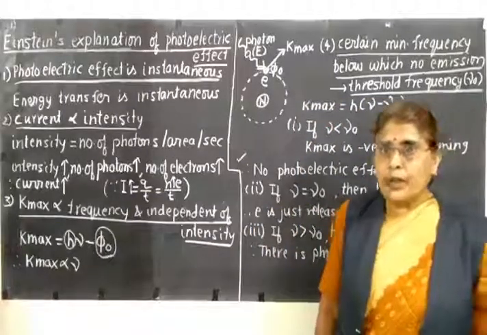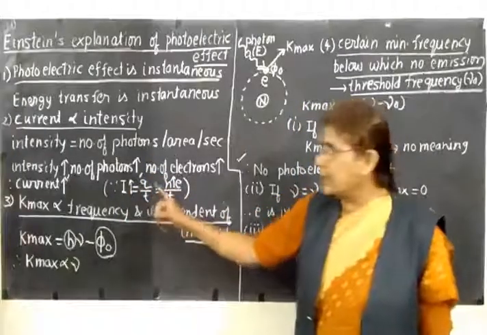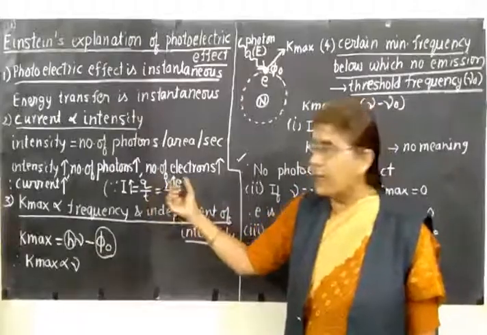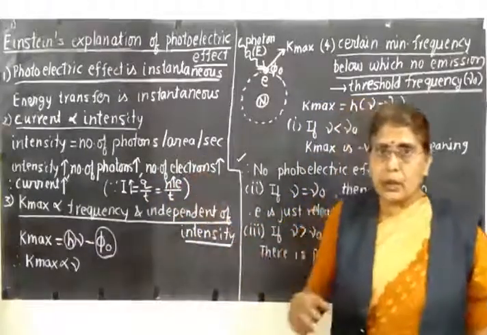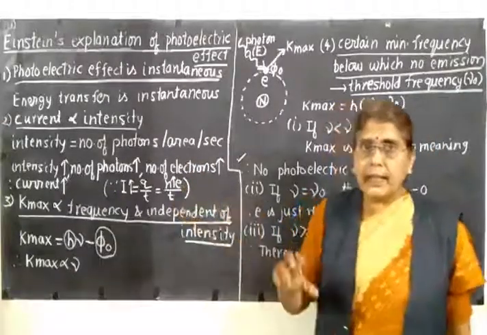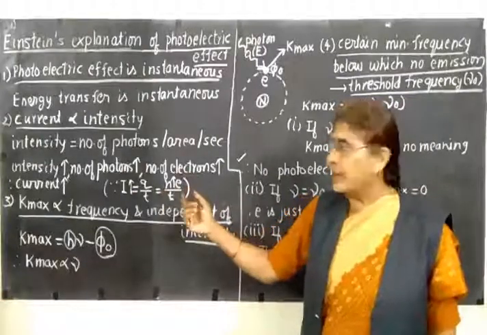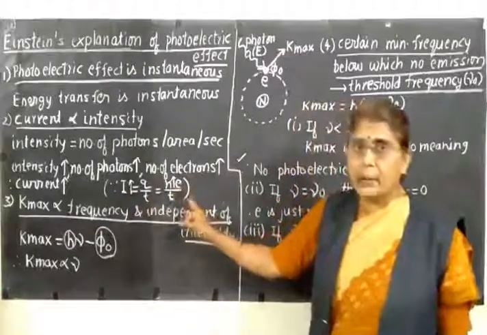You know how to define current? Current is nothing but rate of flow of charge. That is I equals Q upon t. So here Q will be equal to Ne, where N is the number of electrons emitted and e is the electronic charge. The meaning is one electron has the charge e. Therefore N number of electrons will have a charge Ne. So you can say that I equals Ne upon t.